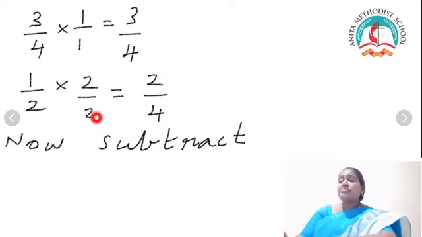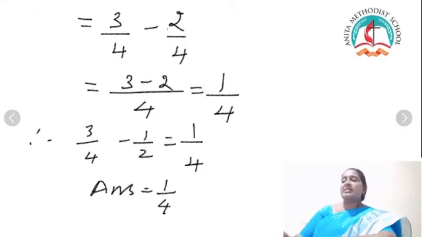Whatever number you multiply in the denominator, the same number you have to multiply in the numerator. So 2 2s are 4, 1 2 is 2. The answer is 2 by 4. Now you have to subtract: 3 by 4 minus 2 by 4.